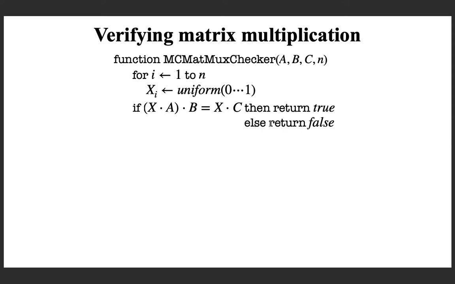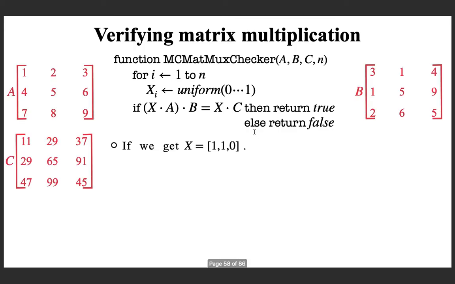You are getting evidence that C is not the product of A and B. So the else clause is always correct, but we don't know about the true or then clause, because there may be a row which we are not including in the subset containing a non-zero value. So the then clause may or may not be correct, but the else clause is always correct.